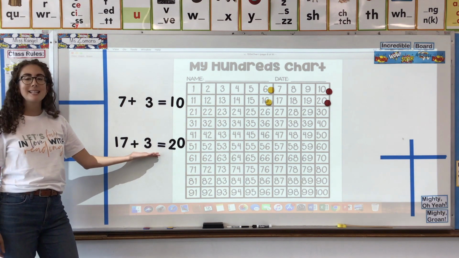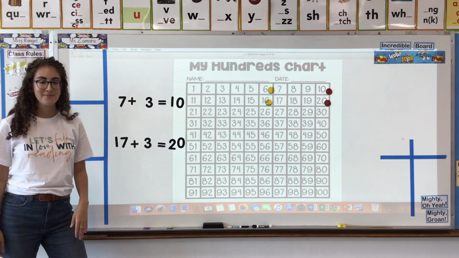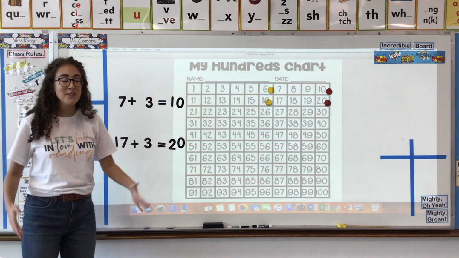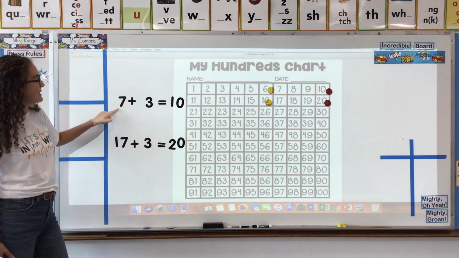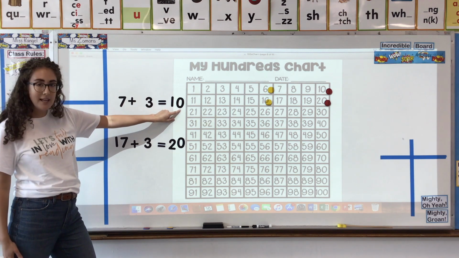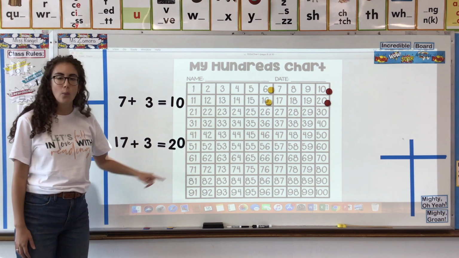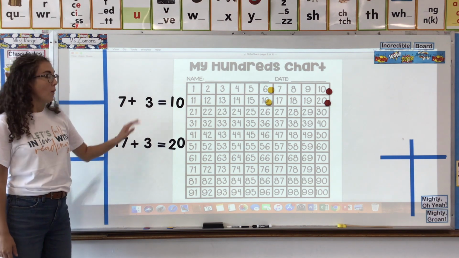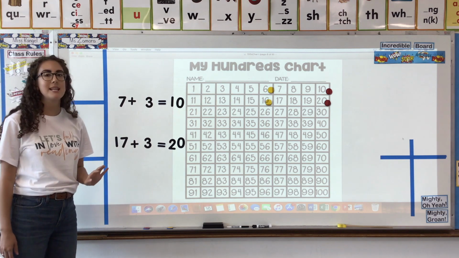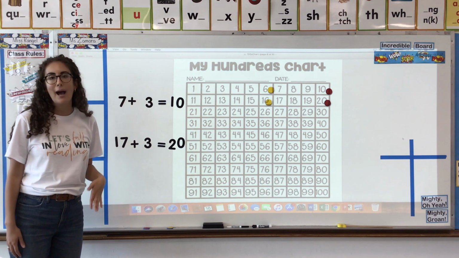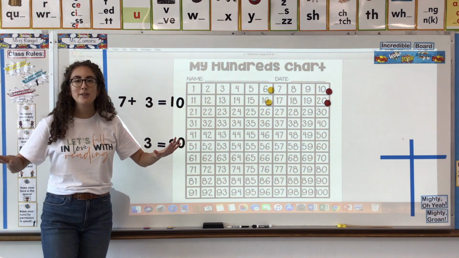To make the next 10 with 17, we need a 3. Okay, I want you to read these two equations with me. Here we go. 7 plus 3 equals 10. 17 plus 3 equals 20. We used our pairs to 10 knowledge to find out 17's next 10 and how to get there. So let's reset and try another one.